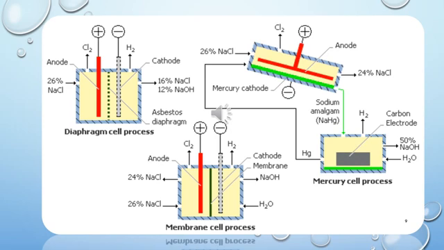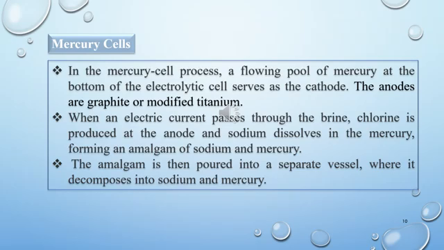And Mercury cell process is known as Mercury cell process due to the cathode of mercury. So next we will discuss diaphragm cell, Mercury cell and membrane cell one by one. Now we are going to discuss one by one this cell process.